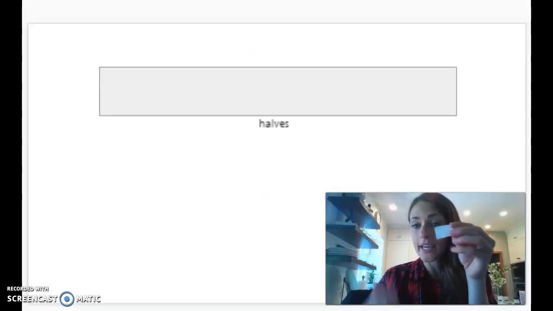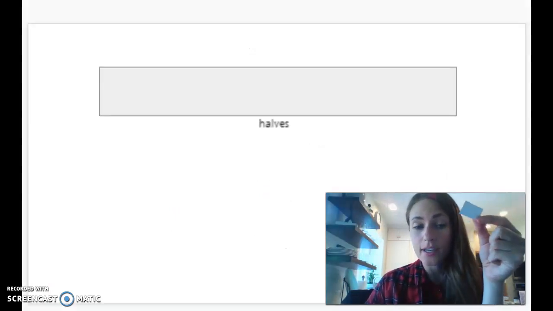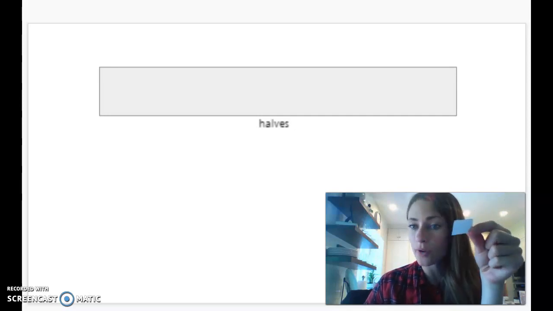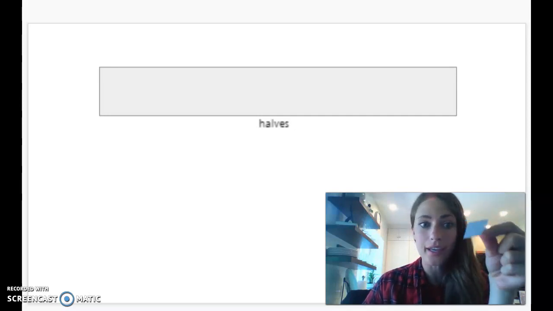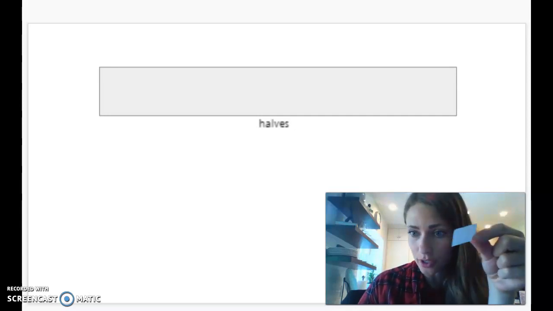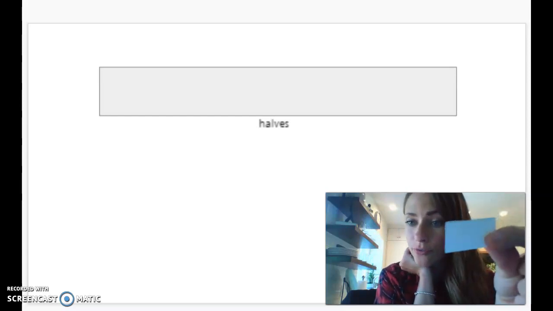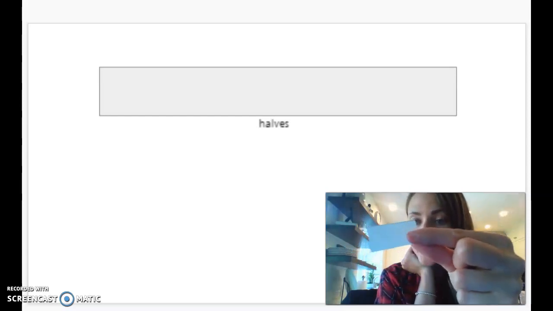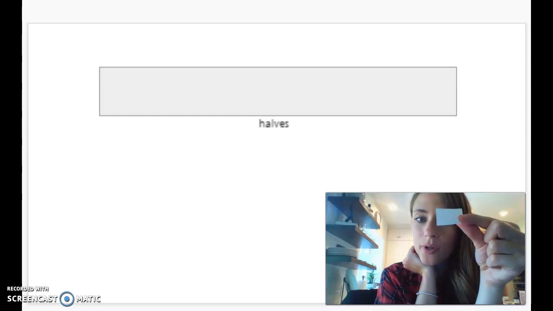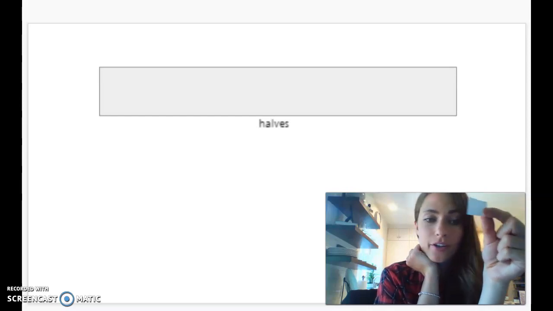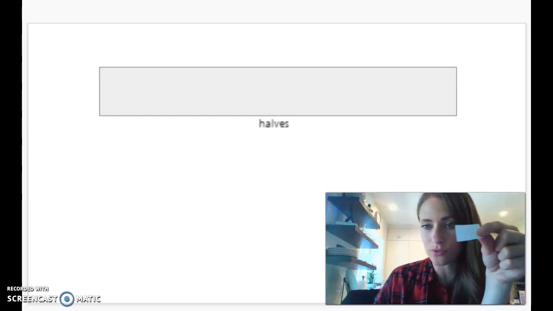Now I want you to take your rectangle pieces and fold your rectangle piece in 2 equal shares. So in 2 halves. So I want you to try it on your own first to fold this rectangle piece in 2 equal halves. Okay, so pause the video so that you can do that.